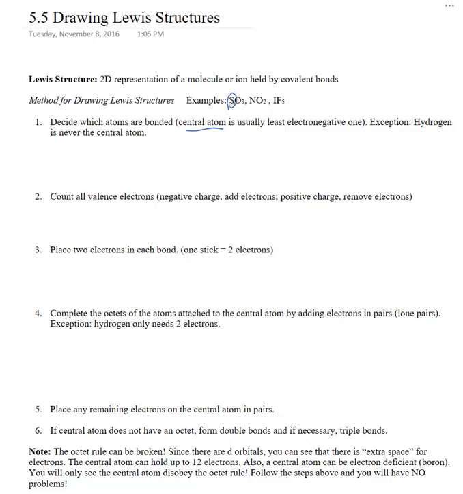So for all of these ones, SO3, NO2-, and IF5, we're organizing them with the central atom and then the atoms surrounding it. And because it's a 2D representation, it doesn't matter how we organize the atoms around the central atom. There's no specific way that they need to look.